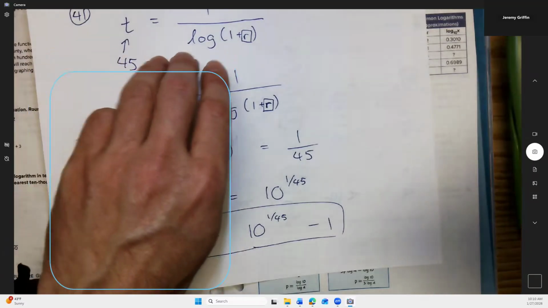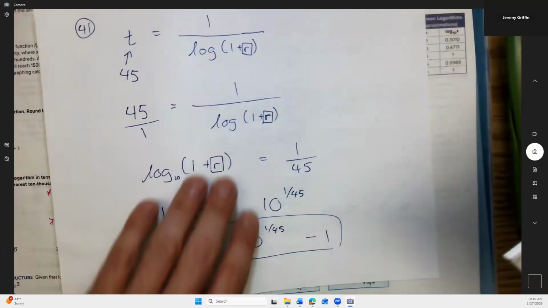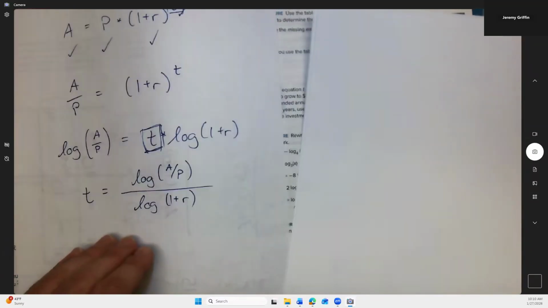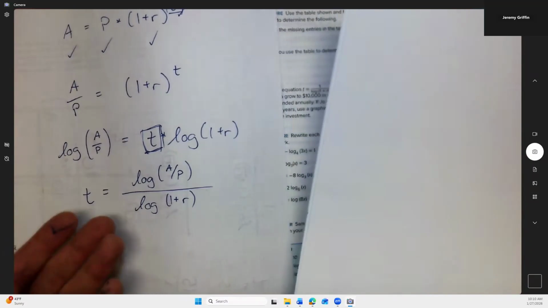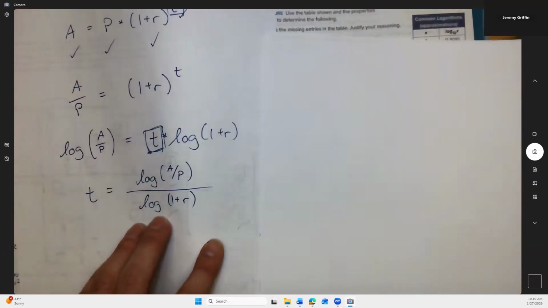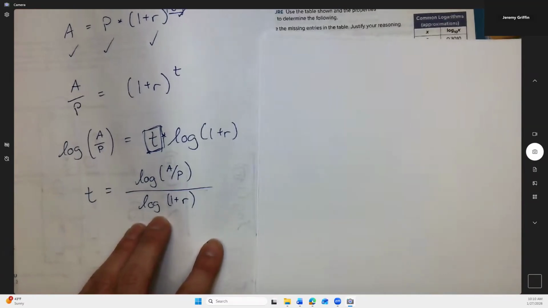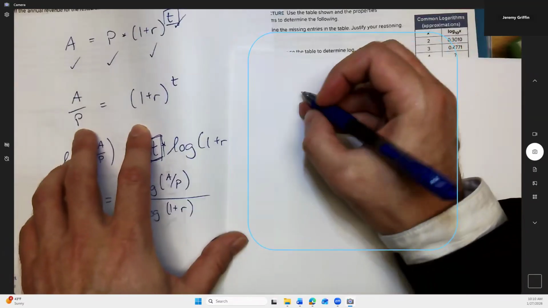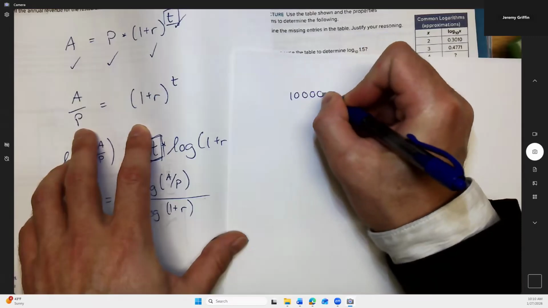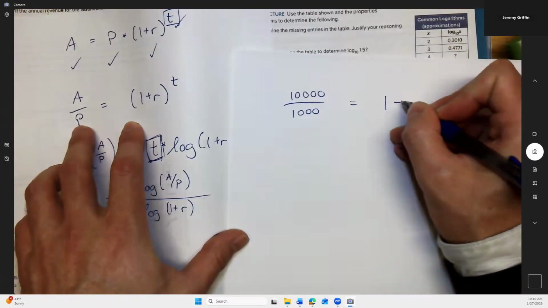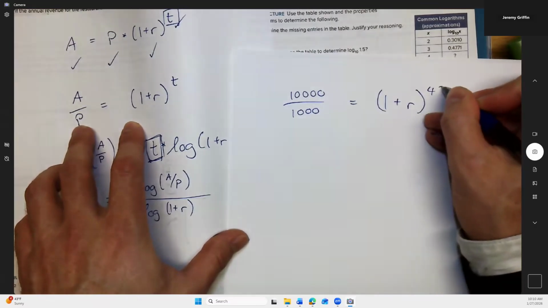I think what's messed up is this original expression. So let's just play off this, because we've already solved it this way, haven't we? We're solving for r. Let's follow this right here. $10,000 compared to $1,000, that's A over P, is 1 plus r, and we need 45 years to pass.